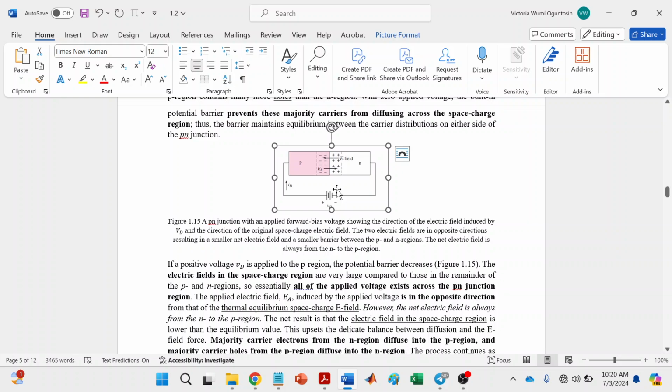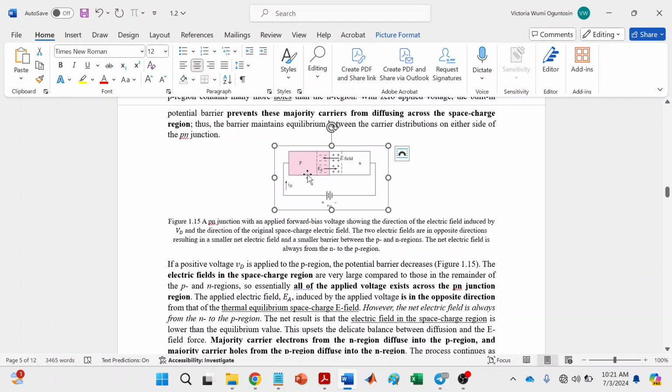The electric field here is far greater, so the net electric field would always be from the N region to the P region.